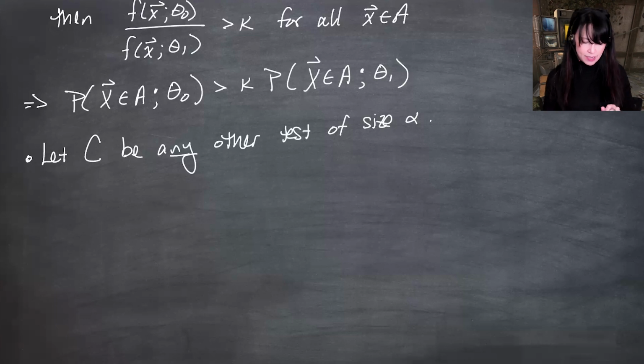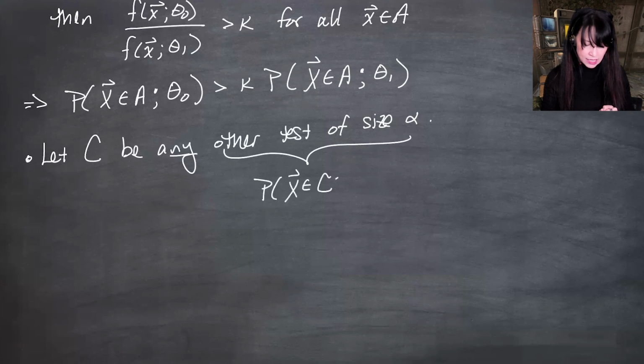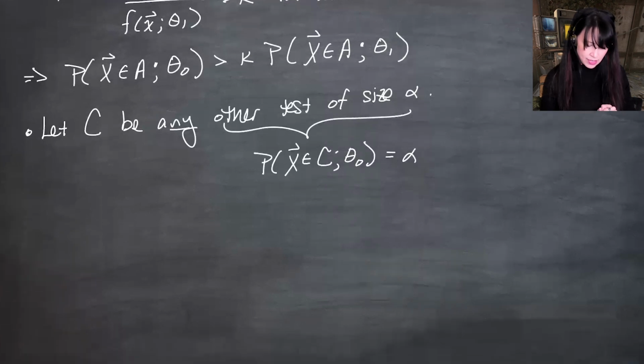actually before I do that, the goal, well, before I do that, if it's another test of size alpha, then the probability that the random vector x is in C when the null hypothesis is true is alpha.